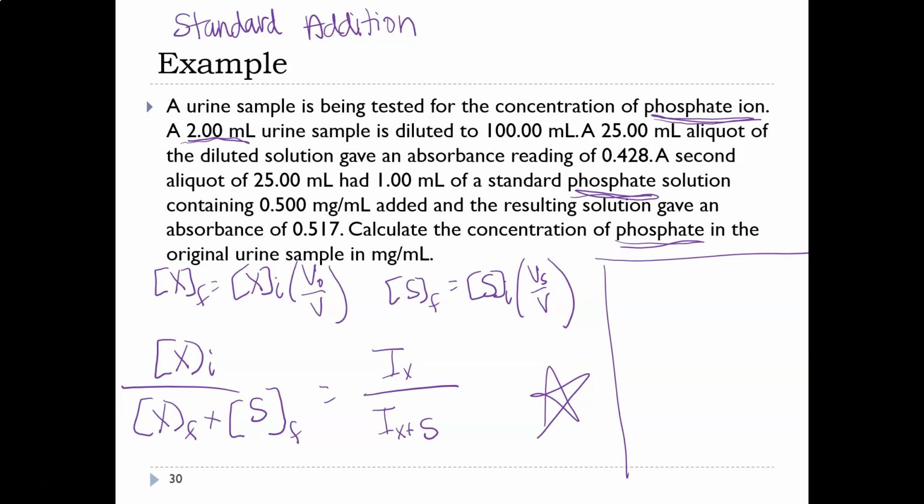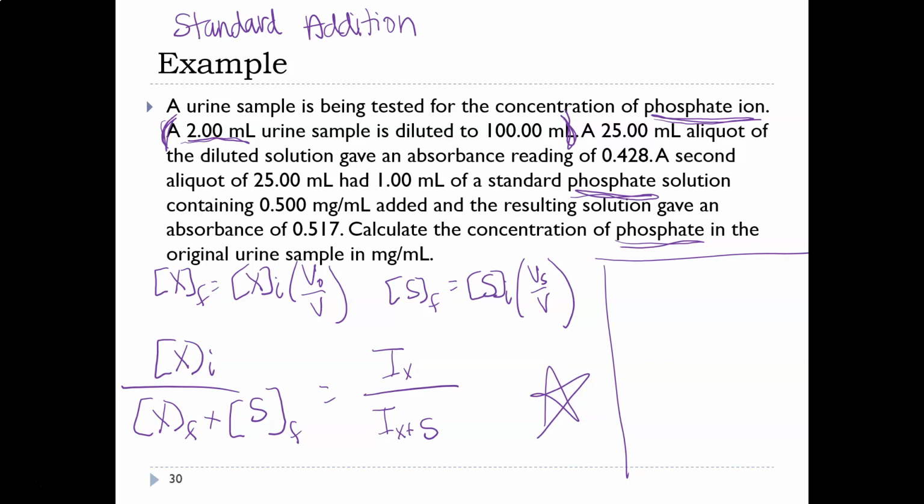We didn't test the 2 milliliters, so I'm going to have to come back to this later. That's pre-test information. Then they took 25 milliliters of the P sample and added 1 milliliter of the phosphate, whose concentration we know, and we got our resulting solution.